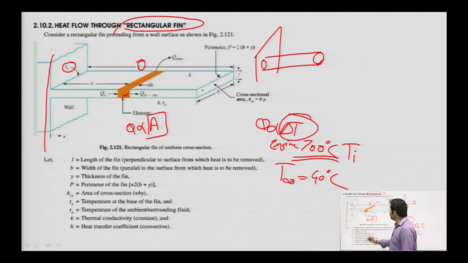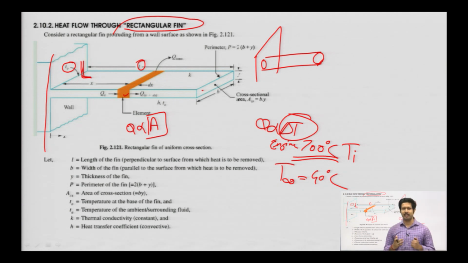Now we have taken an element, and you all know that when there is heat transfer from solid to solid surfaces, then there is conduction. So the heat is now getting conducted from this surface to this surface. But when there is a surface and an ambient, or a fluid that is surrounding the surface, you know what will go on.